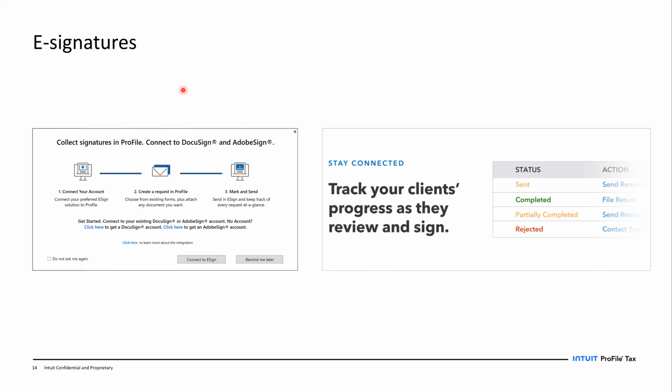E-signatures is also something not relatively brand new. It's maybe a year or so old. CRA finally agreed to accept electronic signatures. Yay for us, right? Because one thing that sometimes could be a little bit troublesome is when clients would come into the office and they were there to sign their authorization forms, whatever it was they needed to sign.